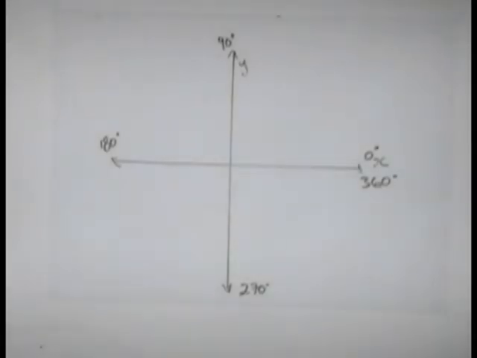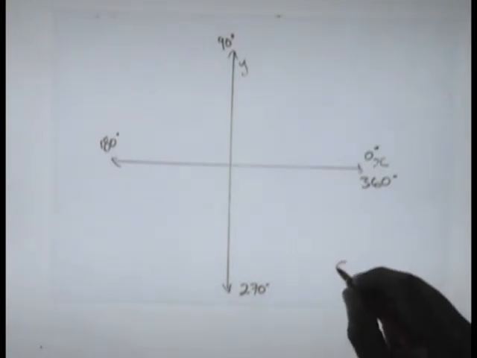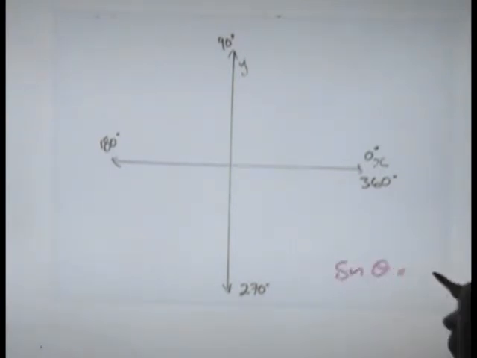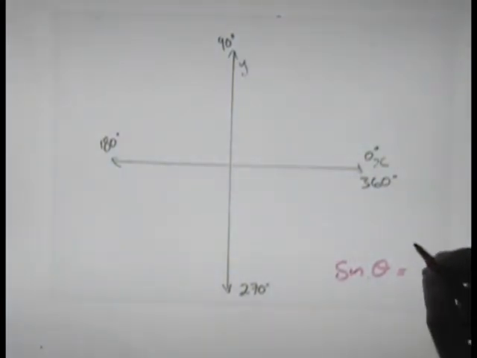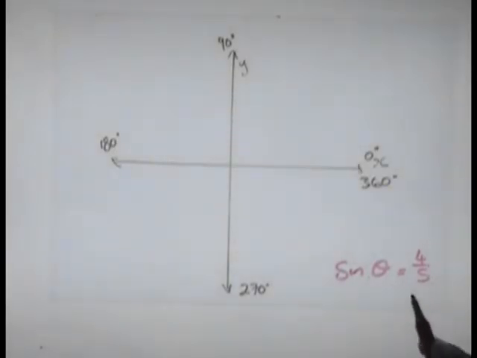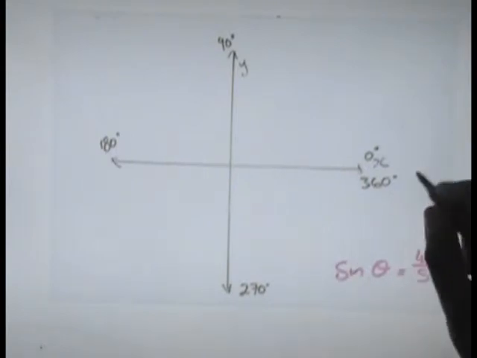Now this next exercise that I gave you to do includes both sketching the angle and plotting the points in. The first one, I said sine of theta is equal to 4 over 5. Now remember, sine is the function y over r.